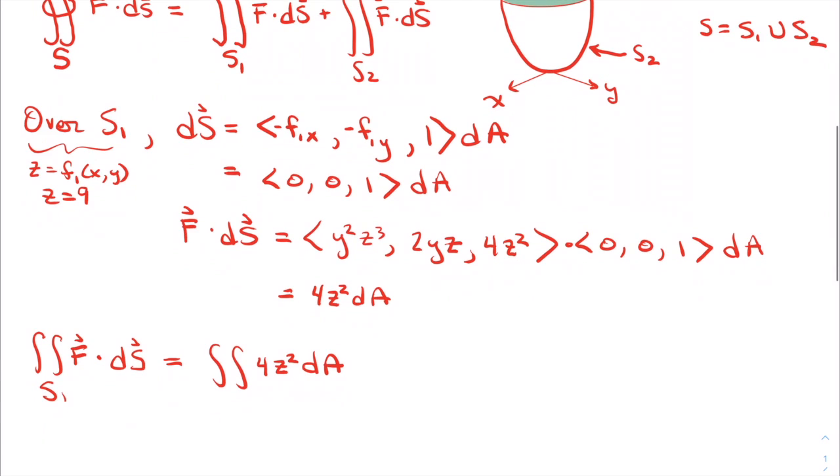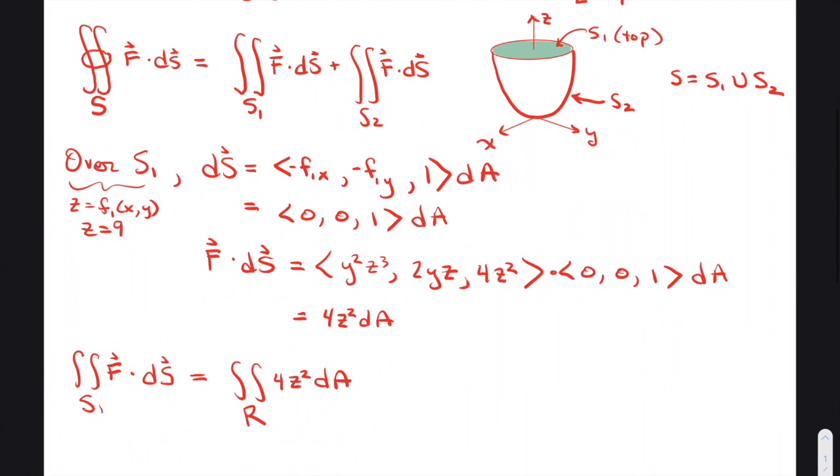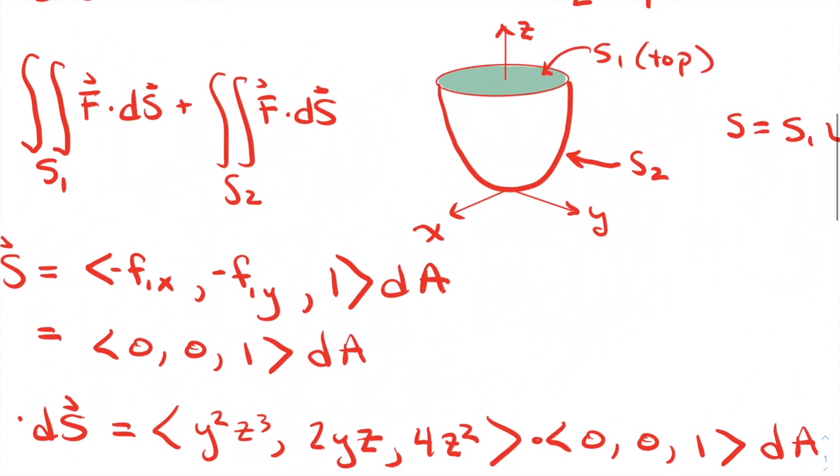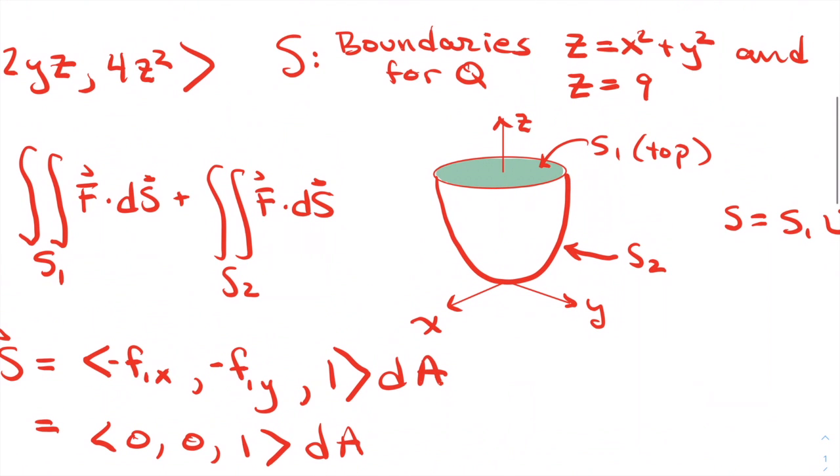And we're going to be integrating over a region in the xy plane, which is just going to be a circle. So we need to know the radius of the circle. Z is 9 at the top here. If we could just copy that circle and paste it down in the xy plane, that's what we're integrating over.